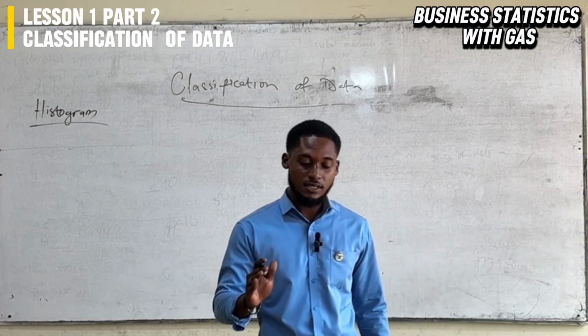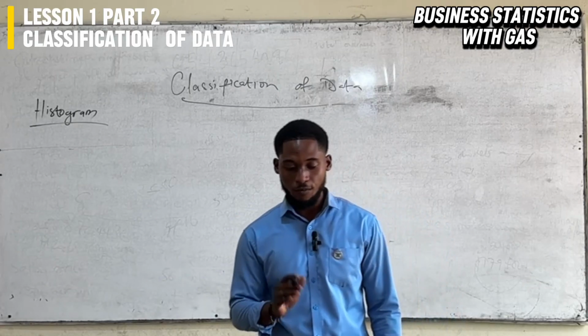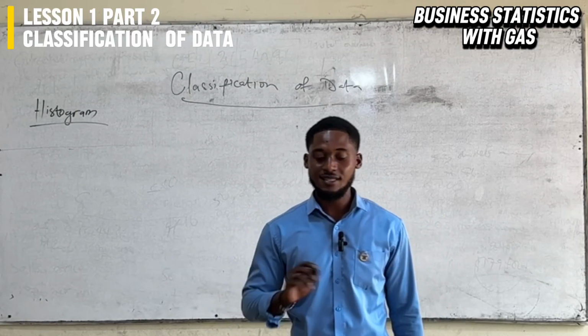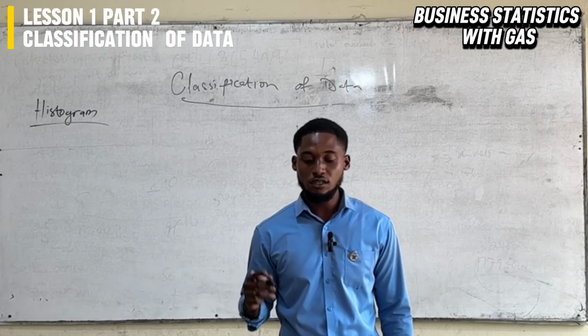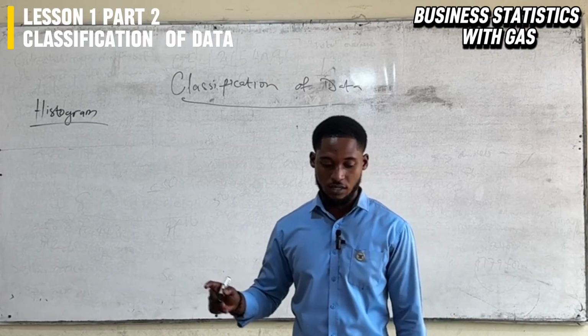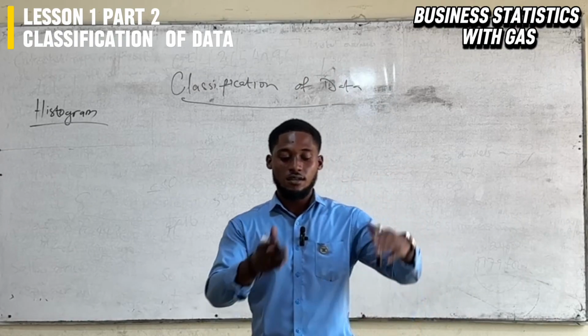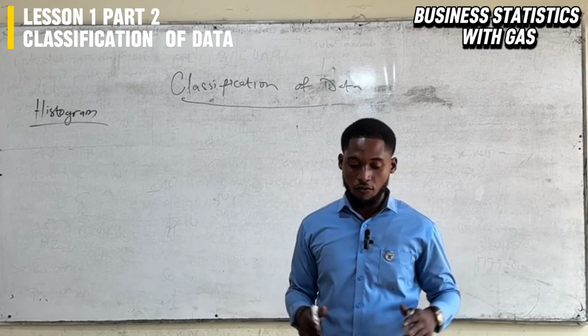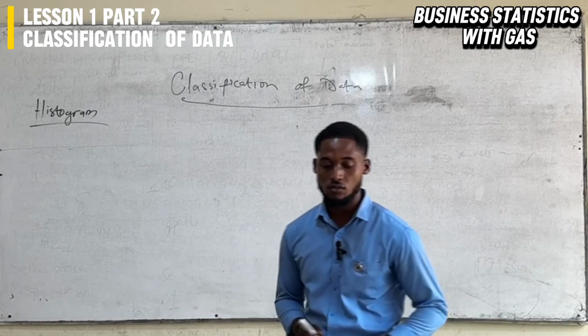So the 10 to 19 is 2, 20 to 29 is 4, 30 to 39 is 6, 40 to 49 is 2, and 50 to 59 is 1. So now you arrange this in a table form, where the class interval will come, then you find its class boundary, and the frequency will also come.